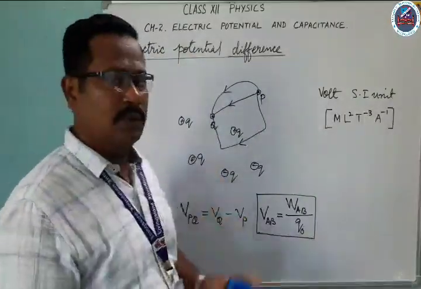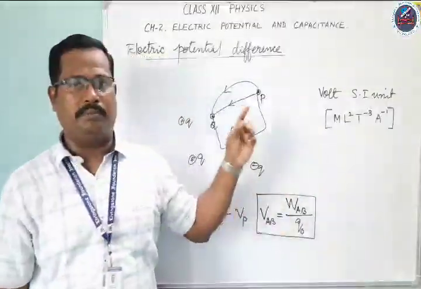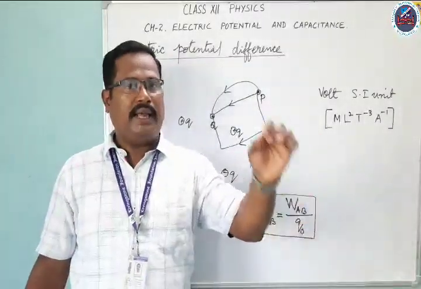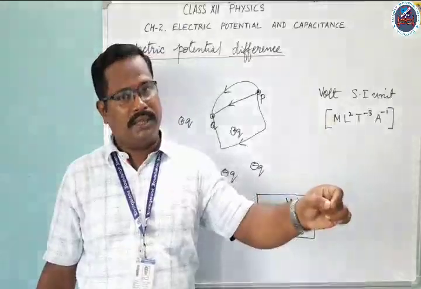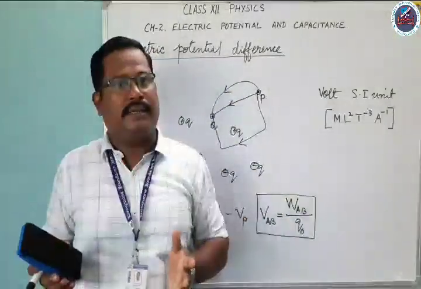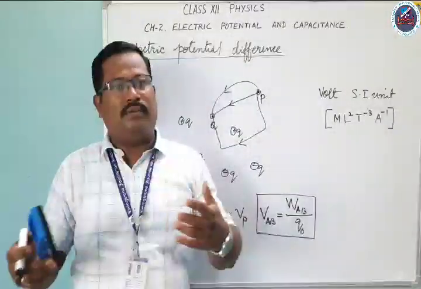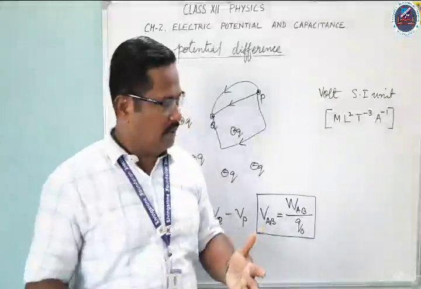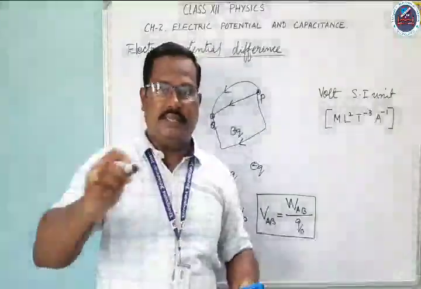But one thing you have to know: the first one, that is electrostatic potential at a point, is the amount of work done in bringing a unit positive charge from infinity to that point. That point should be within the field, against the electrostatic force, because we know that positive charges repel.